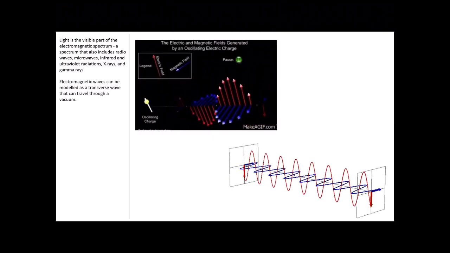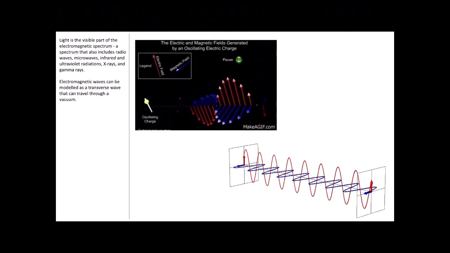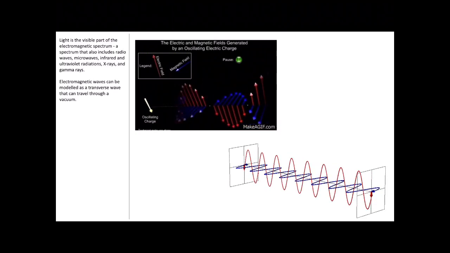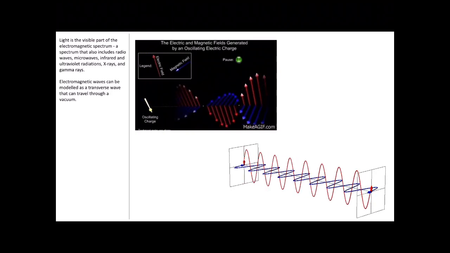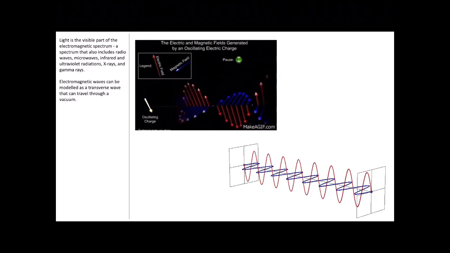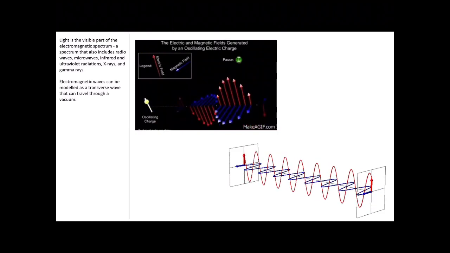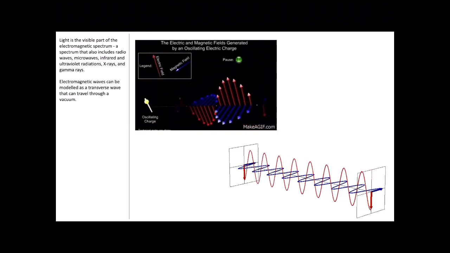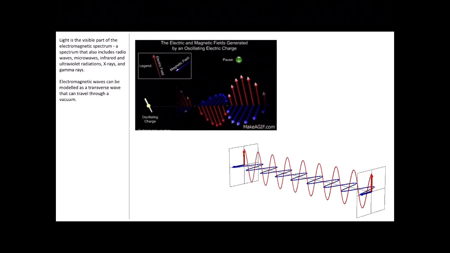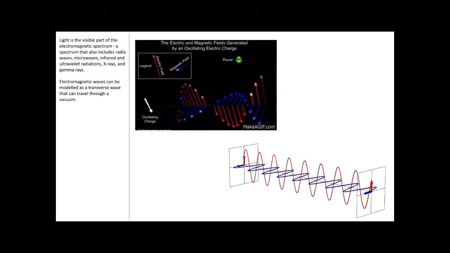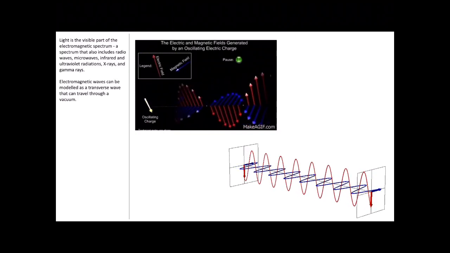Here are a couple of GIFs of how electromagnetic waves propagate. The bottom shows the mutually perpendicular and transverse nature of electromagnetic waves. The electric field and the magnetic field are oscillating at 90 degrees to each other, and then they're both oscillating at 90 degrees to the direction of the wave's propagation.